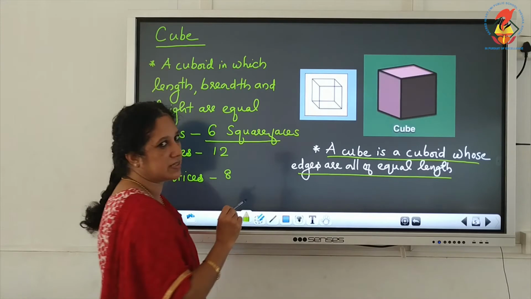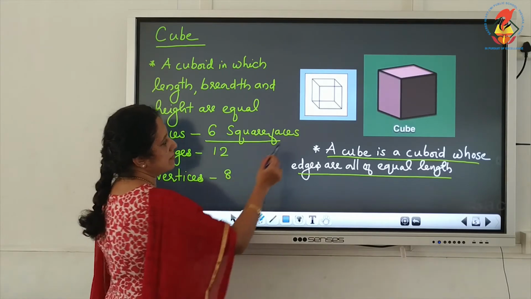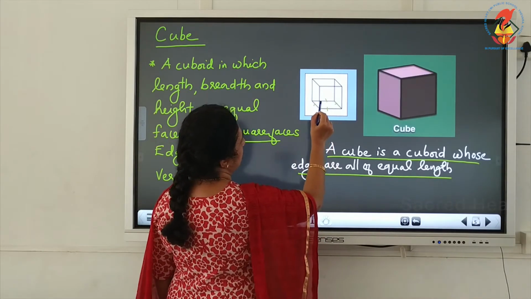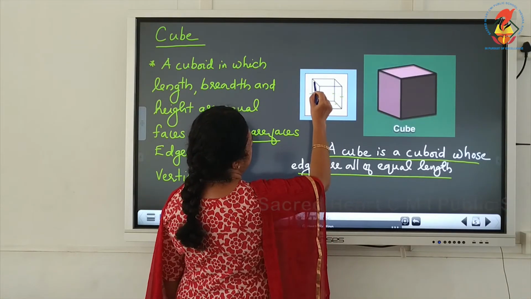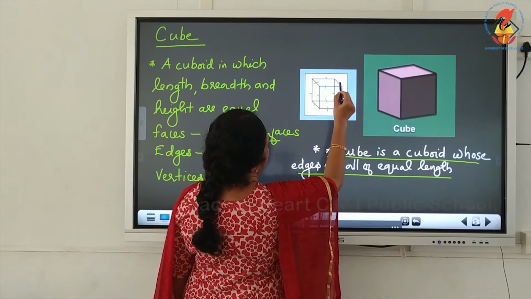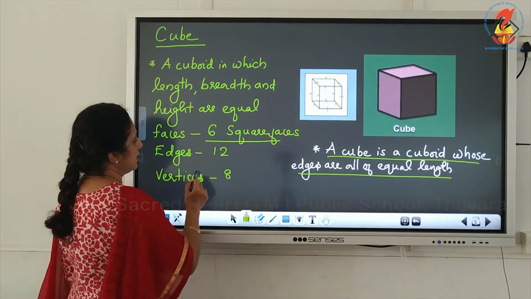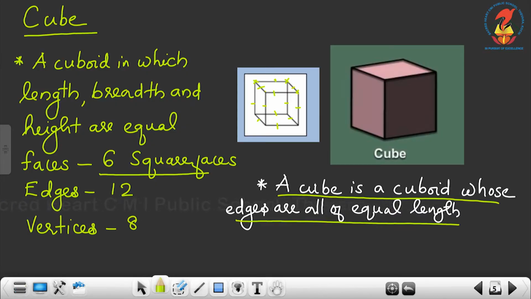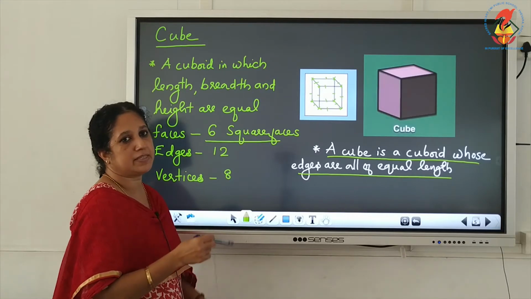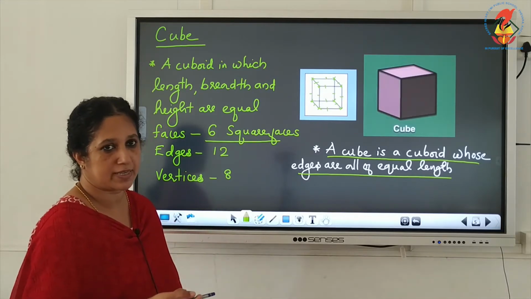So 6 square faces and 12 edges, 1, 2, 3, up to 12. And the number of vertices is 8: 1, 2, 3, 4, 5, 6, 7, 8. And a cuboid in which the length, breadth and height are equal, we can call it a cube.